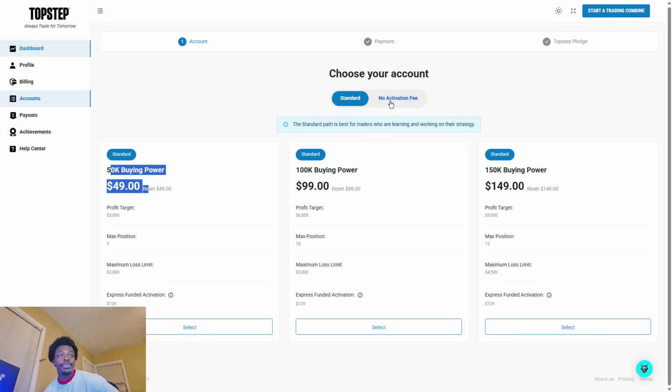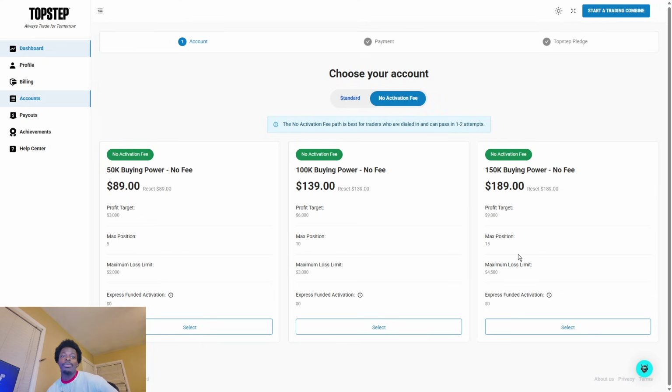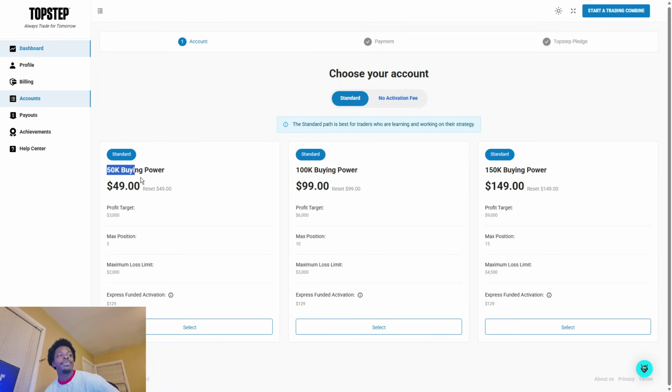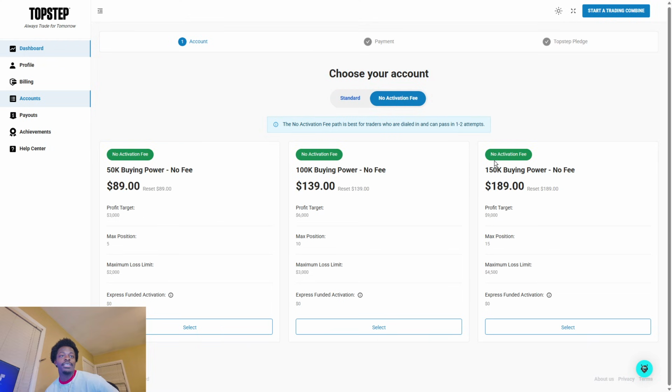So a $10 difference, and I get to play with more leverage. I have a higher maximum loss limit. Obviously, I have a higher profit target, but yeah, I used to always just buy 50Ks, but now with these no activation fees, I'm definitely sticking to the 150K.